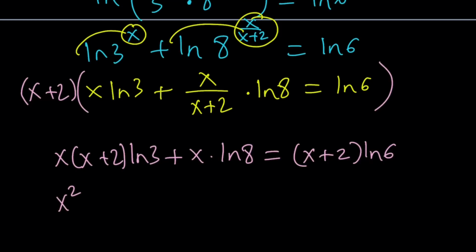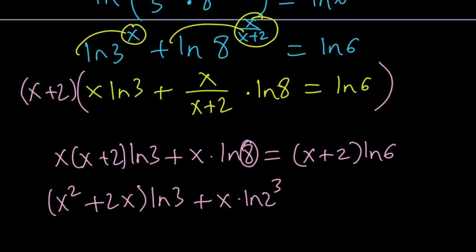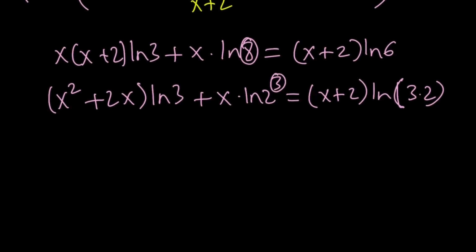Great. So let's distribute x squared plus 2x multiplied by ln 3. And actually, I can replace ln 8 with ln 2 to the 3rd power. And I can replace ln 6 with ln of 3 times 2. And then we can move this power to the front and split this into a sum.